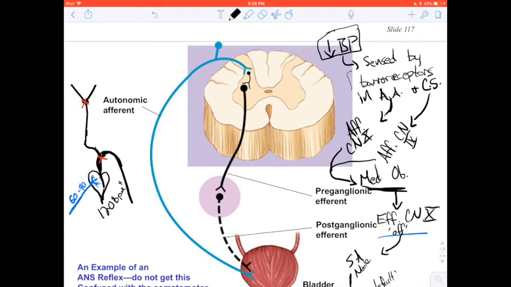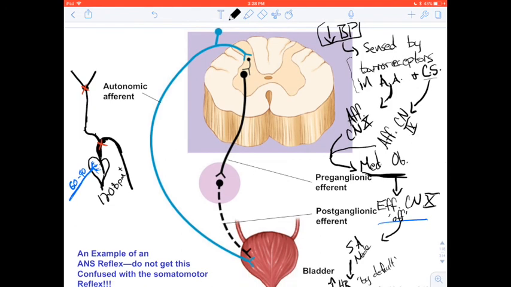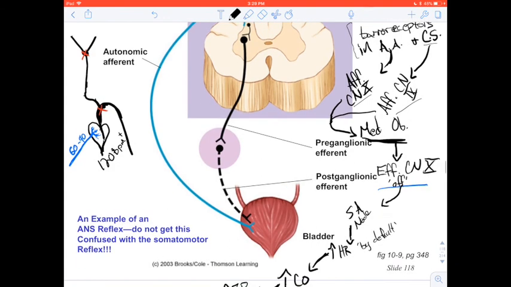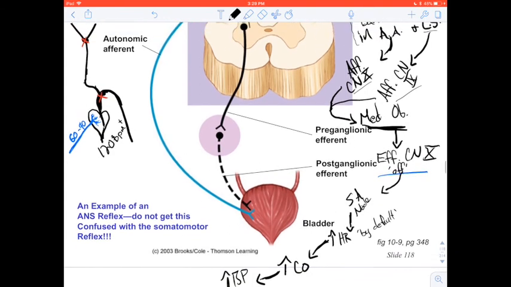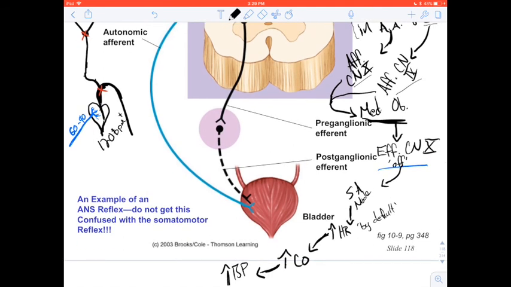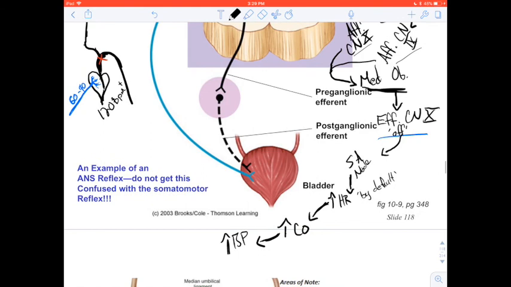Right, so let's just recap. So decreased blood pressure. It's sensed by baroreceptors in the aortic arch and the carotid sinus. Right, they'll go up our vagus and glossopharyngeal, right, our afferent, really important, afferent vagus and afferent glossopharyngeal, respectively, to the medulla. Right, and then once we're in the medulla, we send a signal, or really we send a lack of signal, back down the efferent vagus, telling the efferent vagus to turn off.